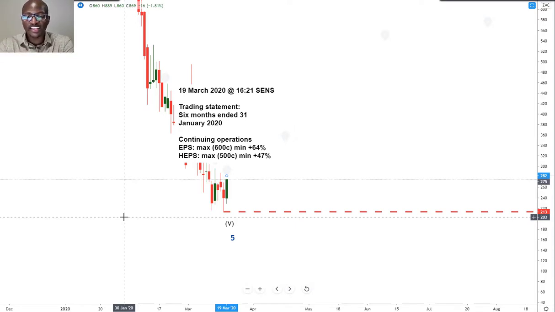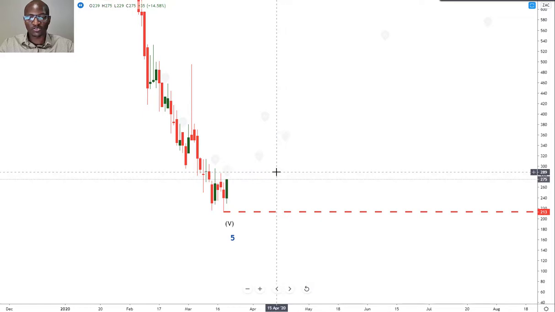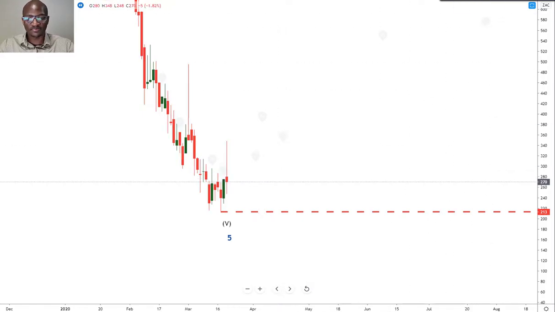Even though the earnings per share and headline earnings per share are losses, so it's actually loss per share and headline loss per share, there's been an improvement from the previous period of 64% and 47% respectively. So the earnings are starting to, or the losses are starting to get smaller. So already we're starting to see improvement.